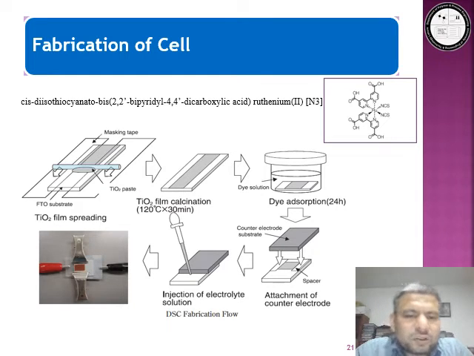After fabrication of both electrodes, the prepared solid-state electrolyte or polymer gel electrolyte was deposited on the photoanode. Then it was heated for 50 to 60 minutes at 50 centigrade, and both electrodes were joined together by superglue or epoxy based adhesive. So this is the fabrication of the solar cell.